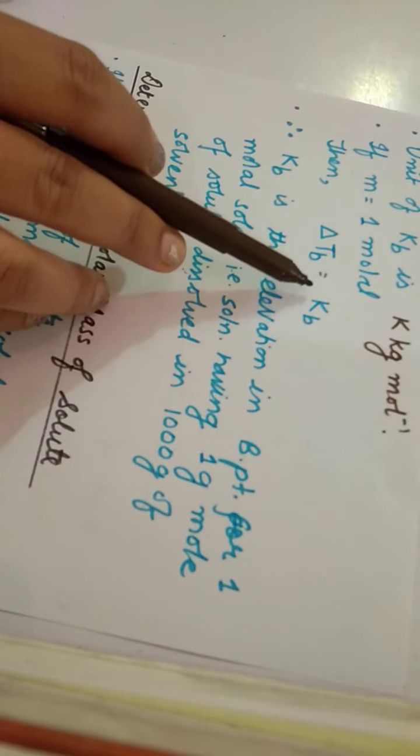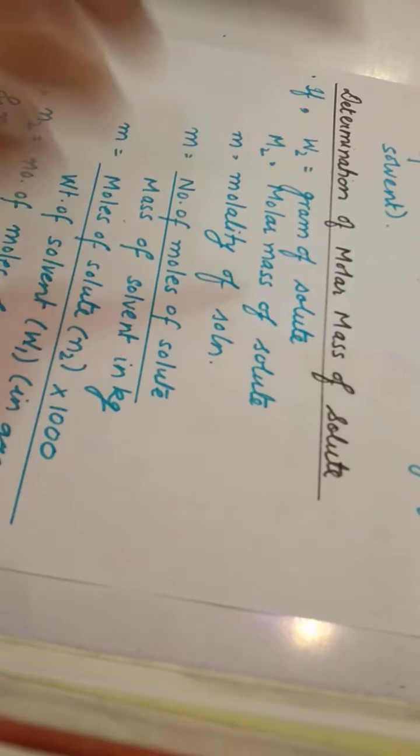We call it a 1 molal solution. So this ebullioscopic constant is the elevation in boiling point, delta Tb, for a 1 molal solution. Now the next one is determination of molar mass of solute.